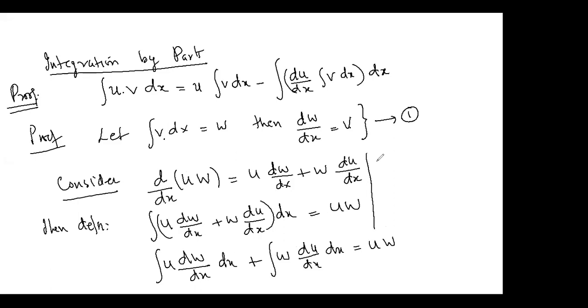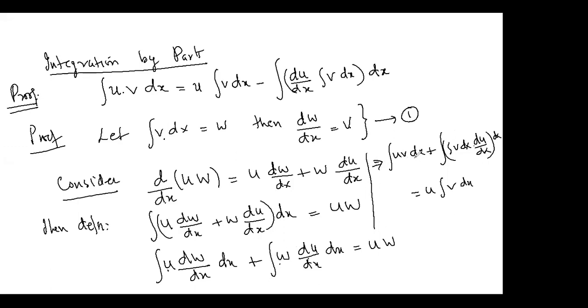I don't have space here, so I'll write it here. Integral u v dx plus integral of integral v dx into du by dx, whole into dx, is u integral v dx.